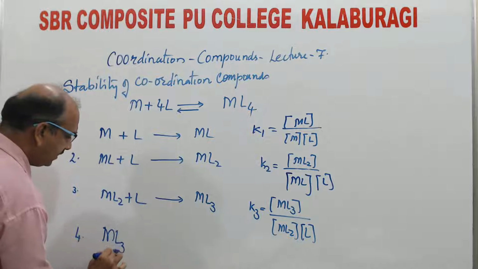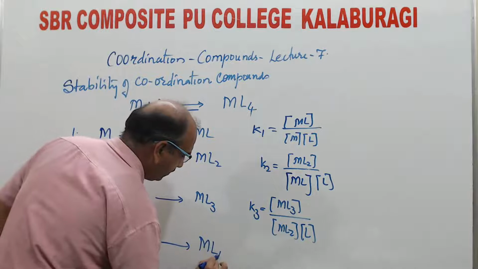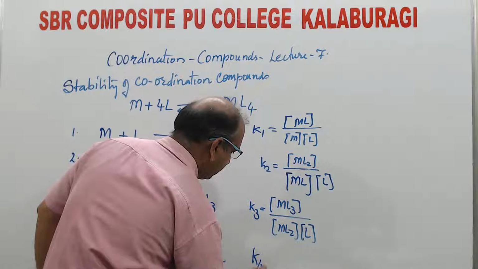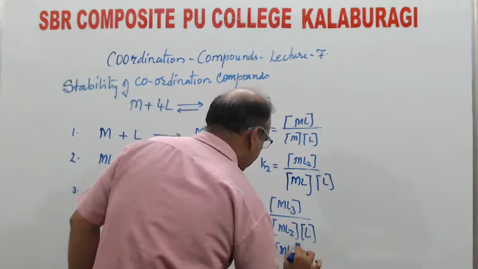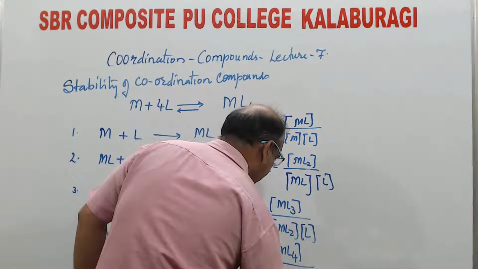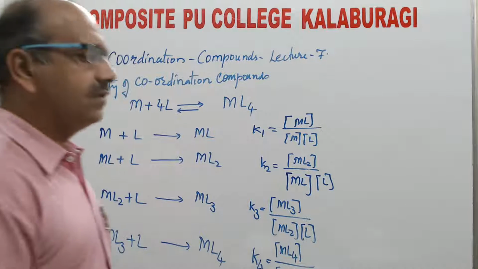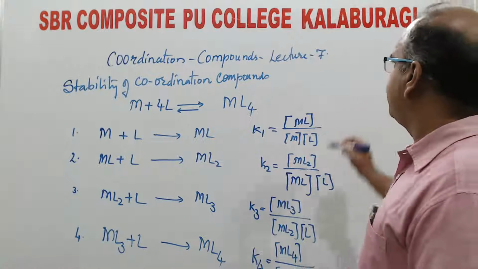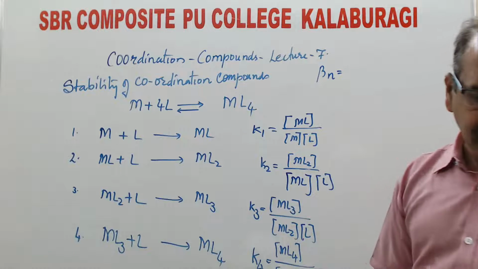Then ML3 plus L gives ML4. So you get this finally. What will this be? K4, which is equal to ML4 divided by ML3 into L. The final stability constant is given by beta n.